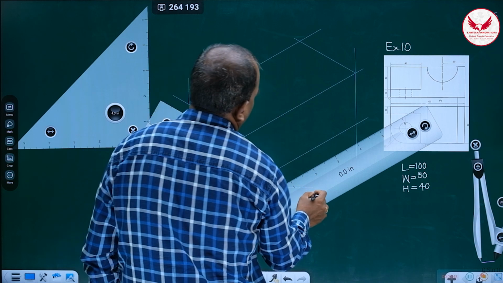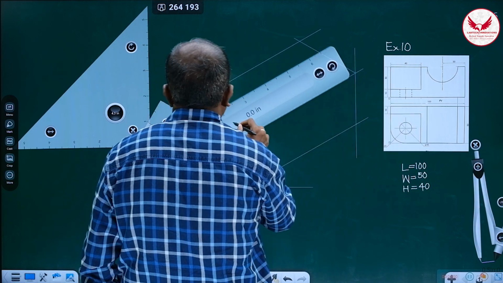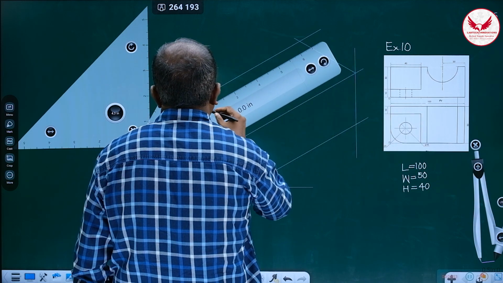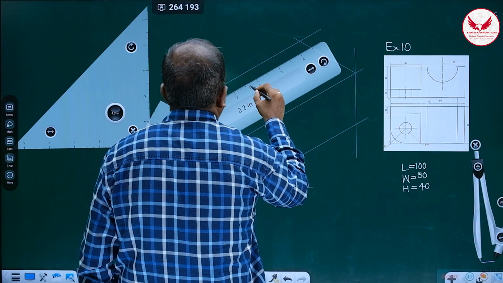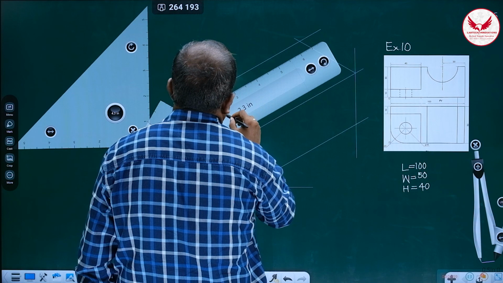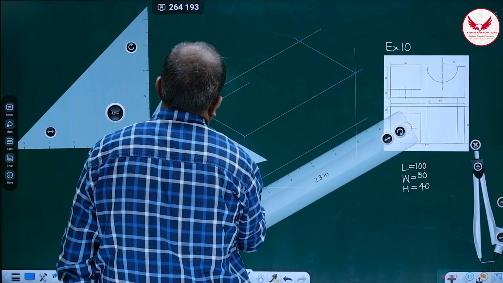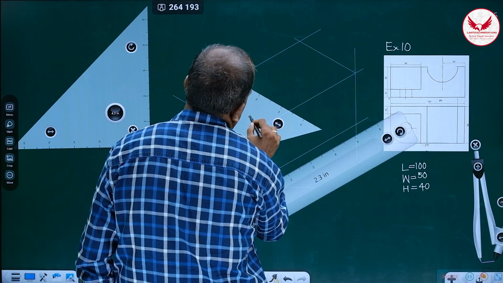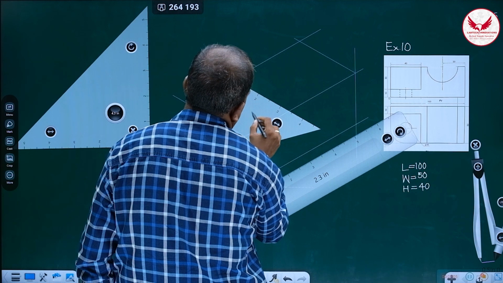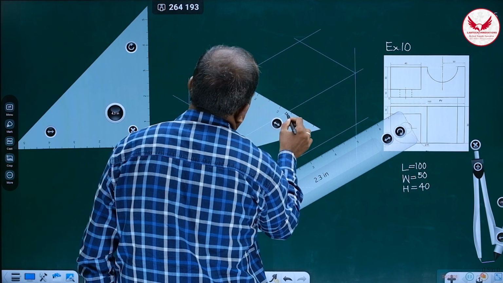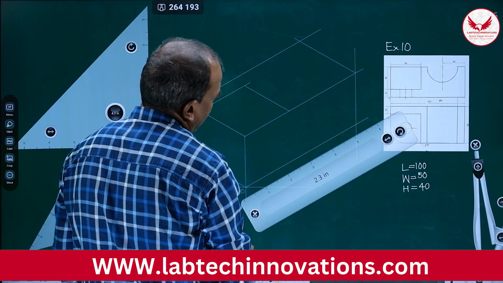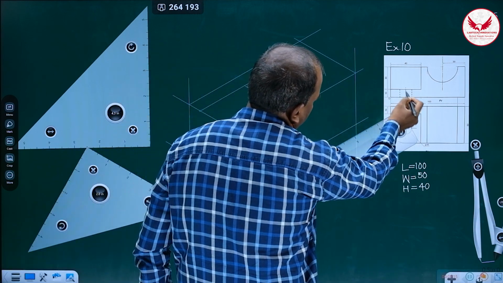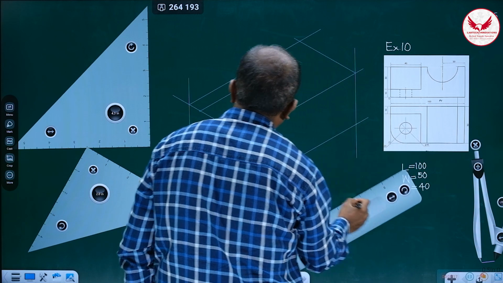Correct. Then see, straightaway mark a line parallel to this like this, and from this side parallel to the width. Such a portion we have to cut, and how much height should we maintain? Only 10.